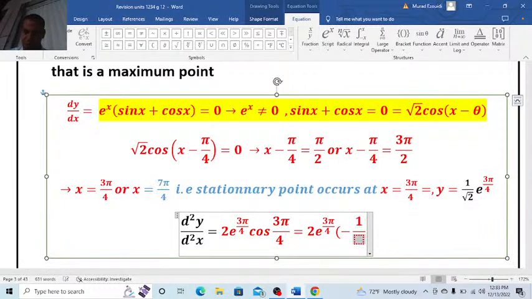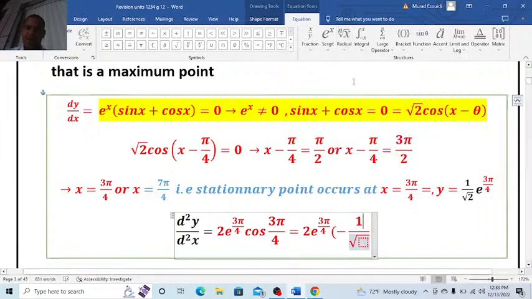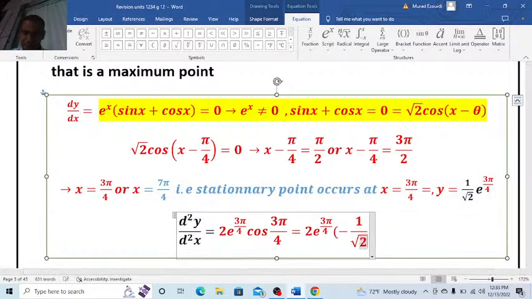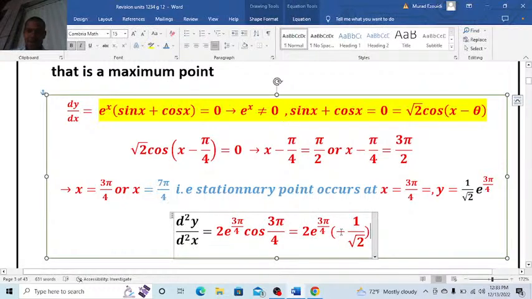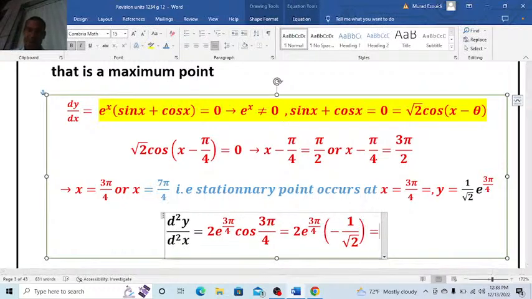You can use, of course, your calculator. Therefore, my learners, here you can see that this is negative. As it is negative, we said that if it is negative it means maximum. You can simplify by root 2.